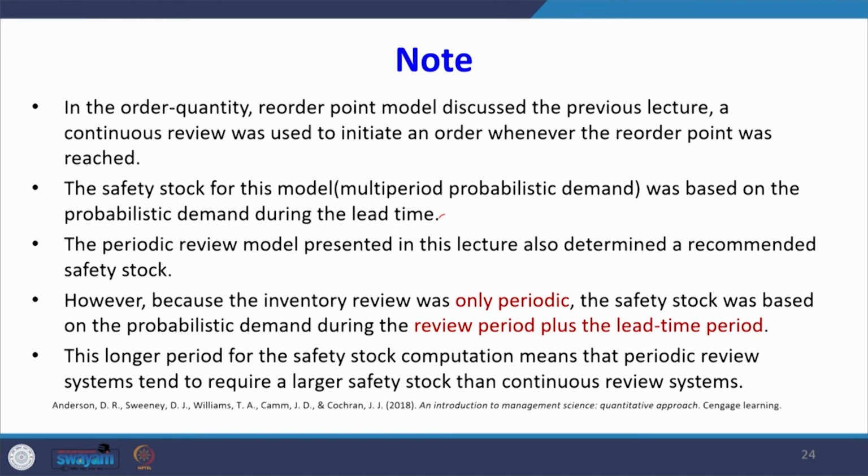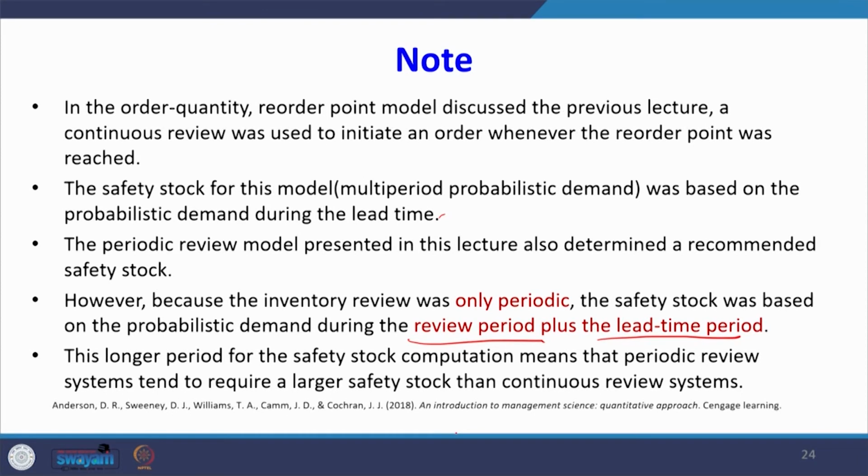But here it is different. The periodic review model presented in this lecture also determined a recommended safety stock. However, because the inventory review was only periodic, the safety stock was based on probabilistic demand during the review period and the lead time period. This is the point where we differ from the previous lecture.